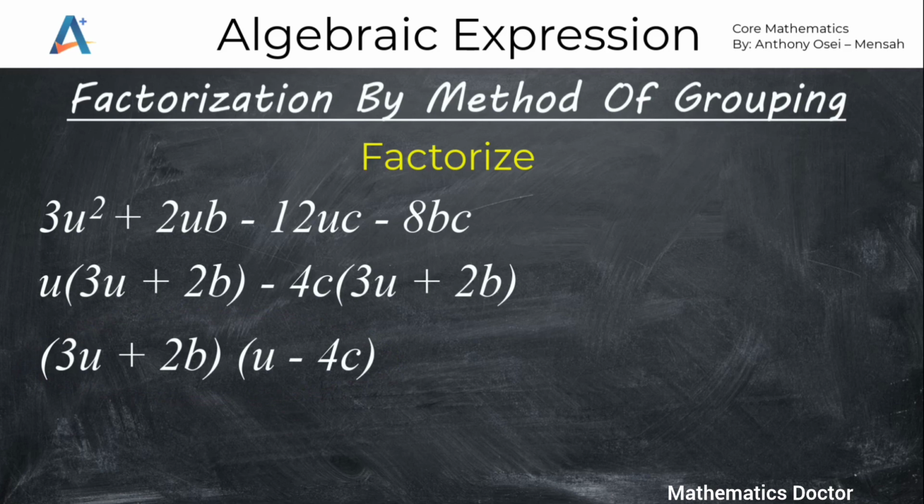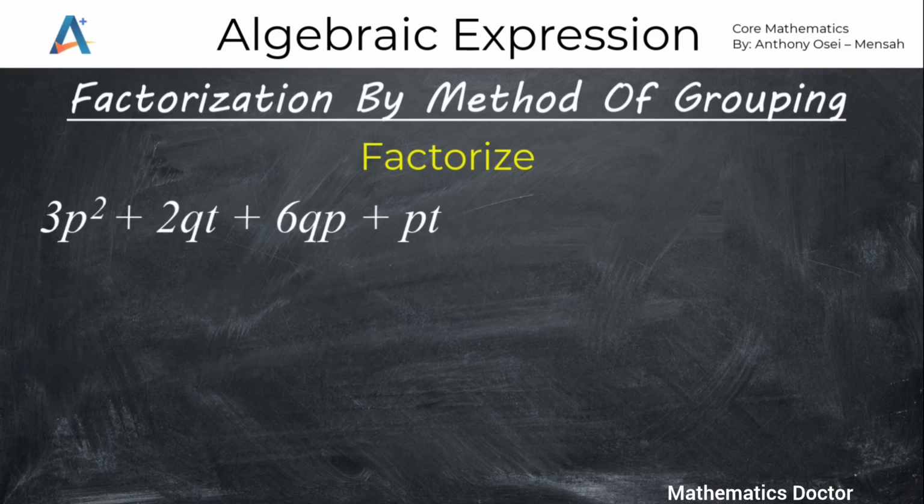Let's take a look at the fourth question, which says factorize 3p squared plus 2qt plus 6qp plus pt. If you check from the first two terms in this expression, we will realize that there is no common factor for 3p squared and 2qt. For that matter, we would have to regroup the whole terms in the expression to get common factors.